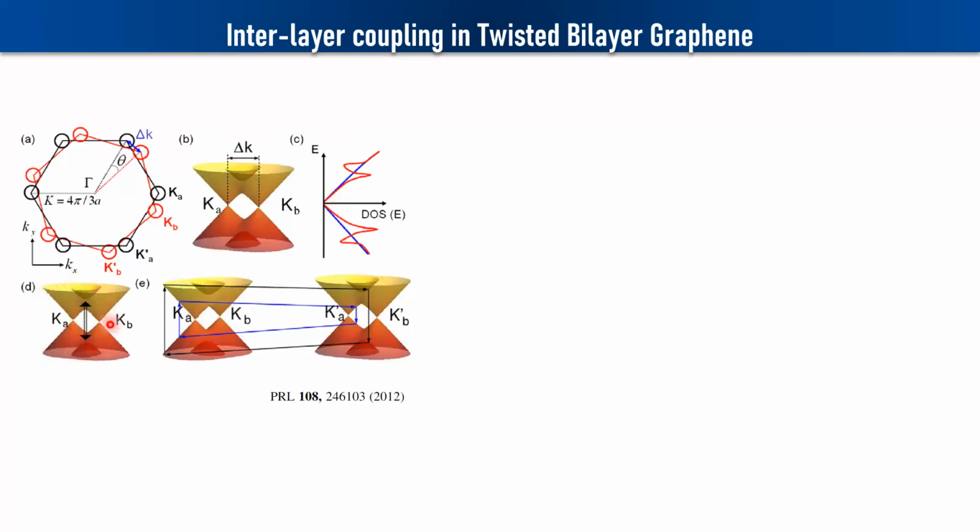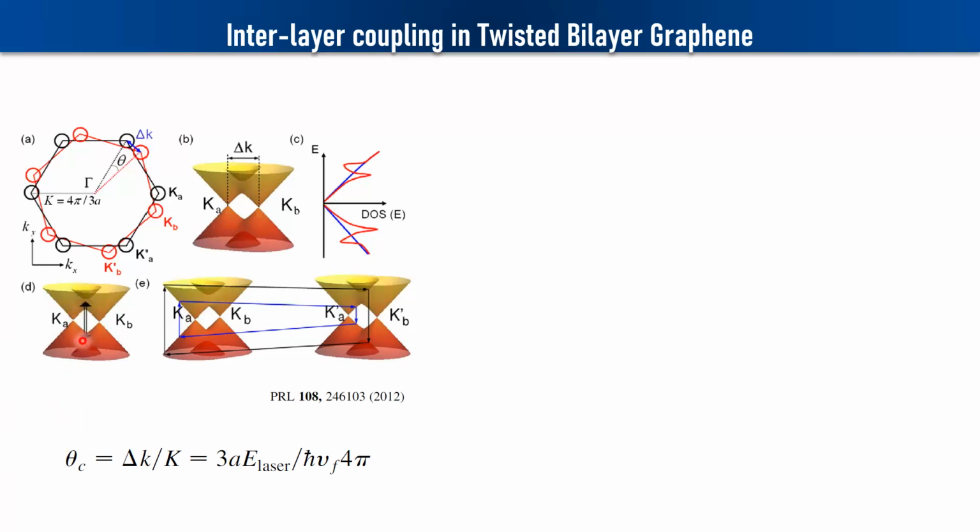So this is the picture for the G-band excitation. This is a condition which relates the angle of the twist with the energy of the laser. At this particular twist angle, the separation of the van Hove singularities is equal to the energy of the laser.